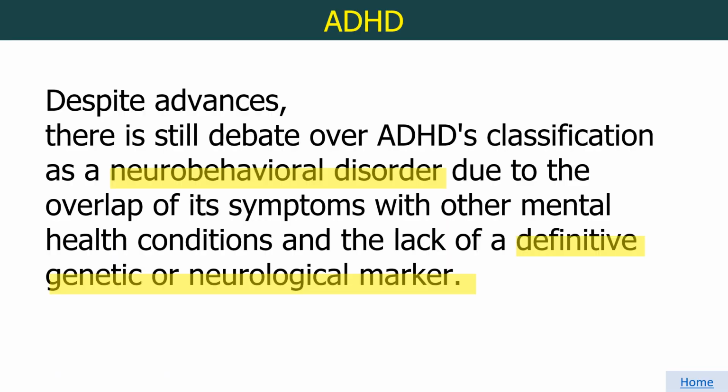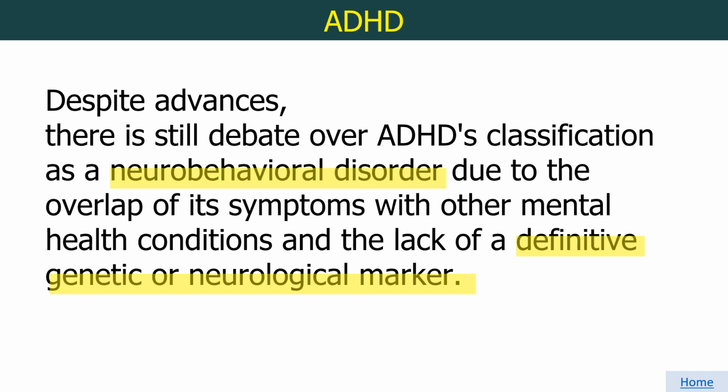So I'm going to finish with a final statement. Despite advances, there is still debate over ADHD's classification as a neurobehavioral disorder. In other words, there's something in your brain and your thinking processes that comes out as ADHD. And this is due to the overlap of its symptoms with other mental health conditions, all sorts of things, depression, anxiety, and also the lack of a definitive genetic or neurological marker.